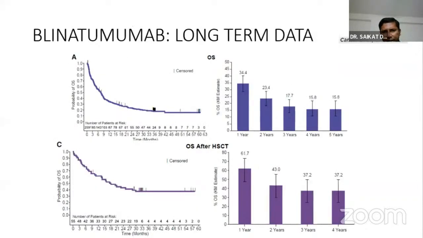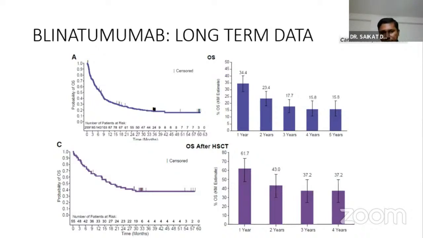This is long-term data of blinatumomab. It's very interesting to see that if blinatumomab-treated patients underwent stem cell transplant, they had long-term overall survival approaching around 40%. So this data is very interesting. In previous data, we have seen that overall survival after conditioning chemotherapy and transplant is around 25%.